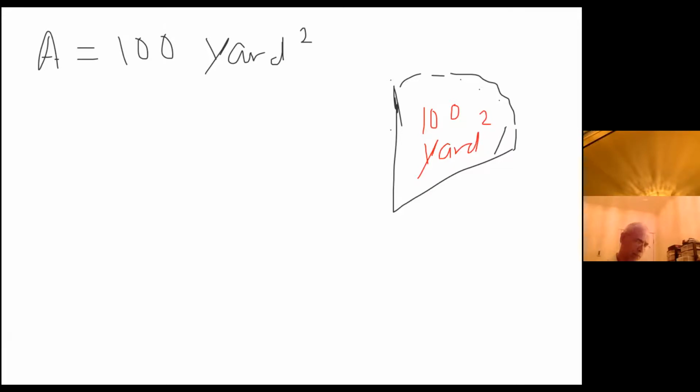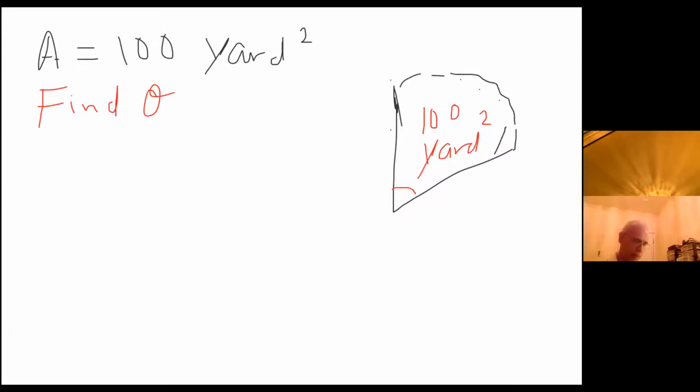We know that the shape is, of course, a sector of a circle, okay? And our job is to find out the angle. So find theta. Okay, we want to find theta.